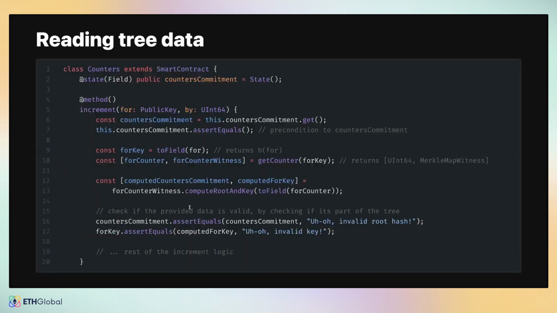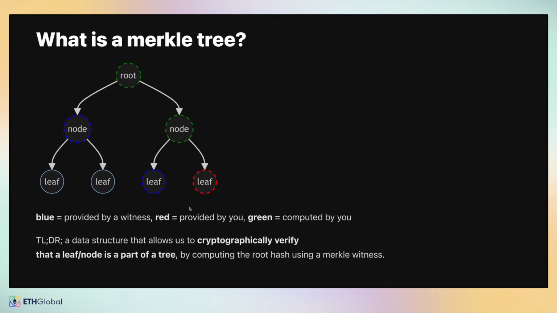Yeah, here we go, wrong slide. So what is a Merkle tree? A Merkle tree is a data structure that allows us to cryptographically verify that a certain leaf is part of the entire structure. So imagine that you have a huge database full of key value records, and you want to do some computation on top of a single row in the database. So the row, in this case, would be the leaf.